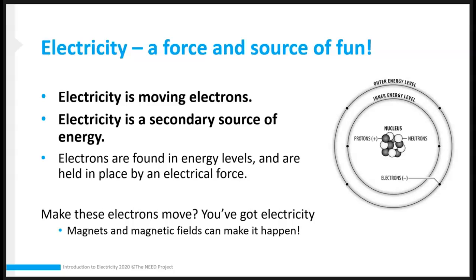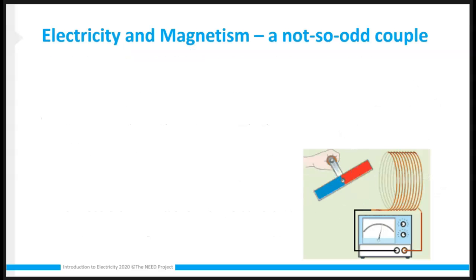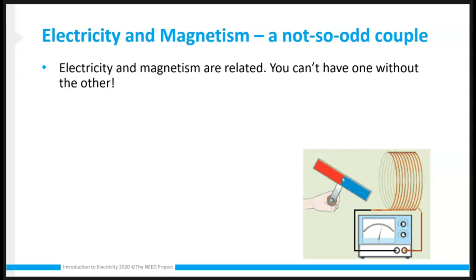So electrons that are in those outer energy levels, the ones that are further away from the positive nucleus, can be pushed away easily by a magnetic field or a change in a magnetic field. Electricity and magnetism go hand in hand. They're related. You can't have one without the other.